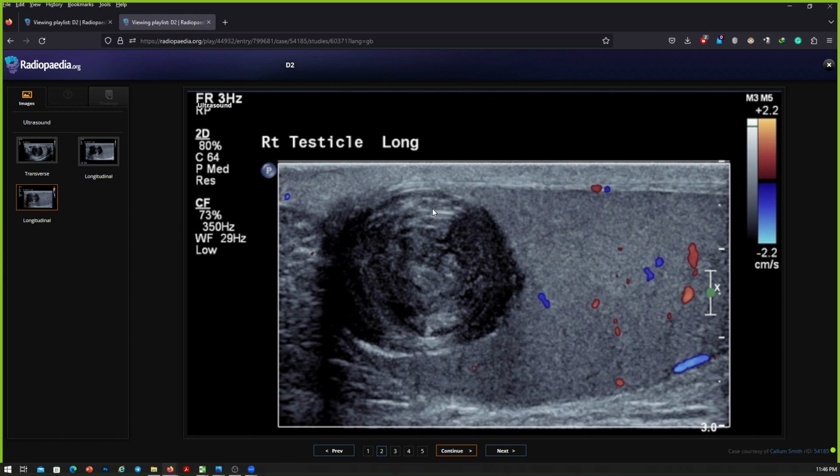But for any mass in the testis, you also have to add that you'll send the patient for tumor markers. So even if it is looking benign, it is always recommended to do the tumor markers, that is LDH, beta HCG, as well as alpha fetoprotein, just to rule out seminoma and other testicular tumors.